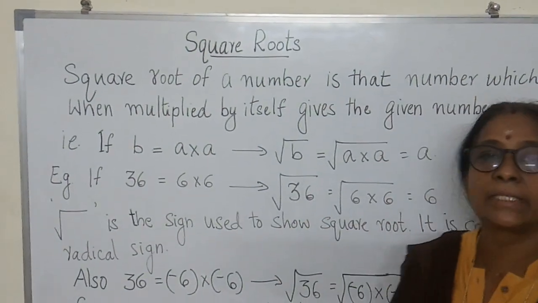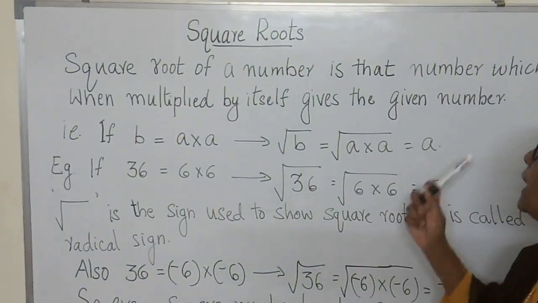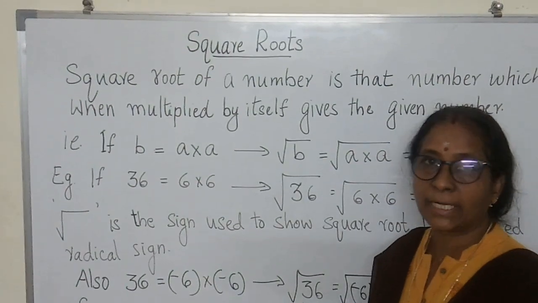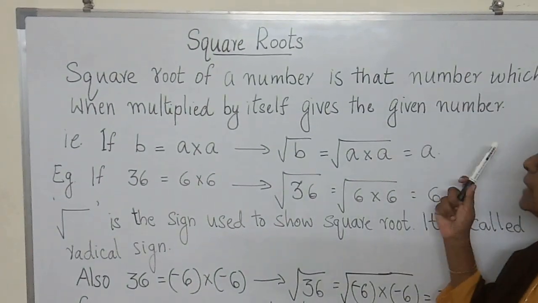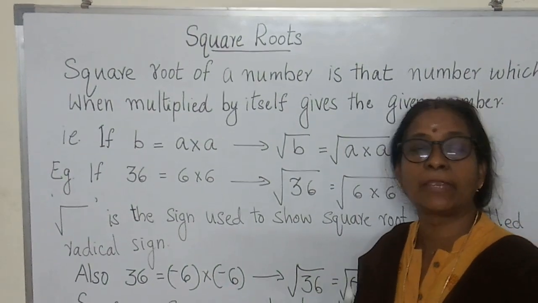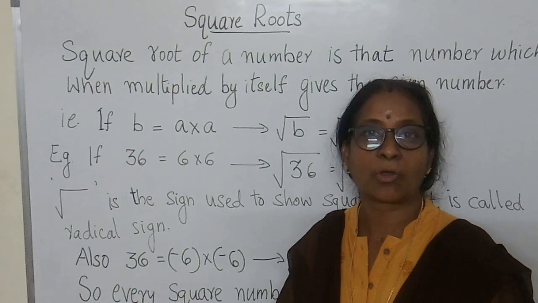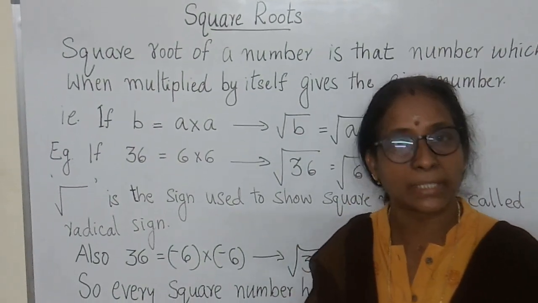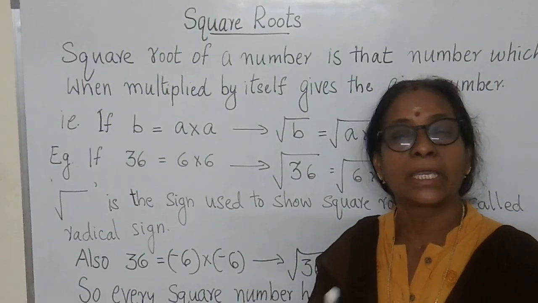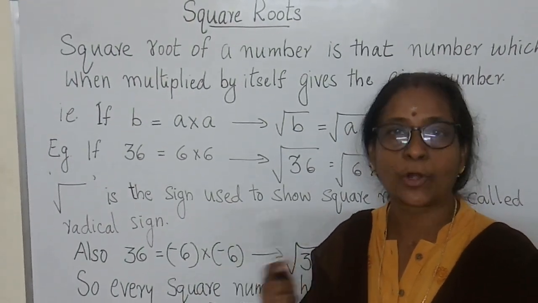Now let us see the definition of square root. Square root of a number is the number which when multiplied by itself gives the given number. Or you can also say that if a number can be written as the product of two similar factors, each factor is called the square root of the product.